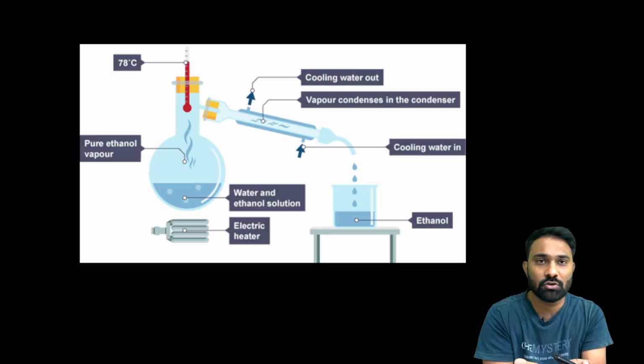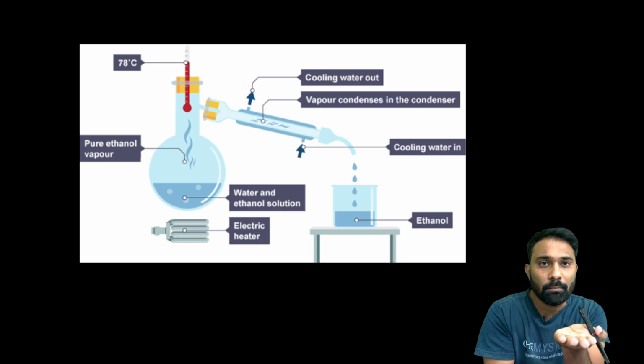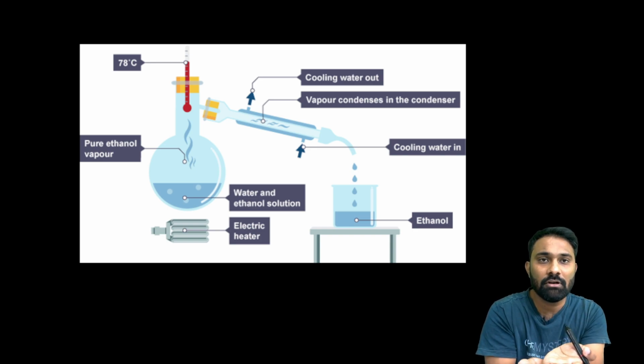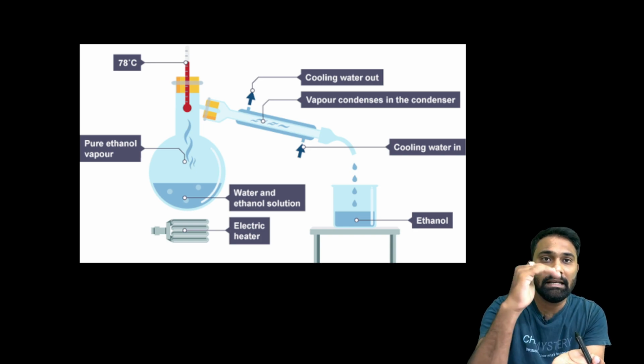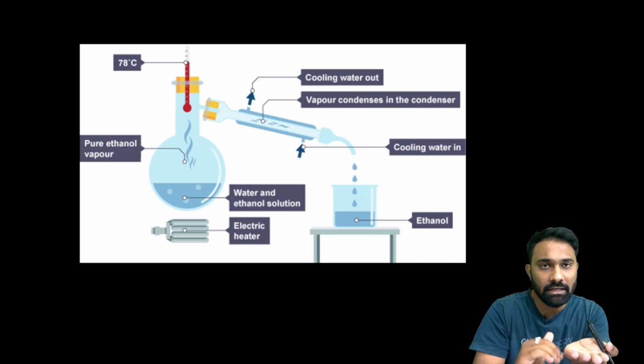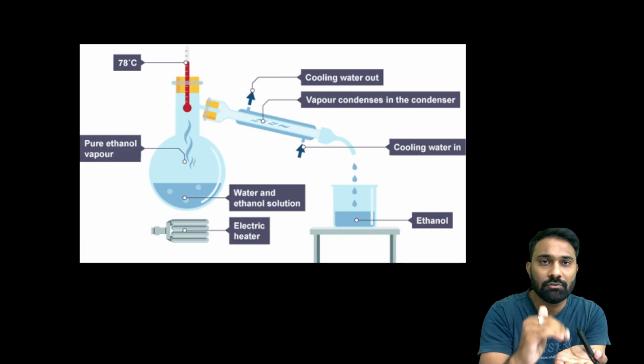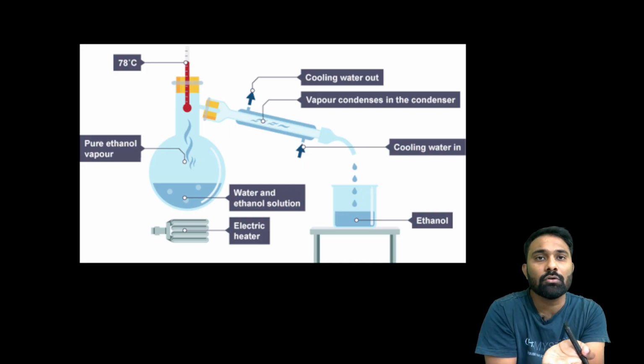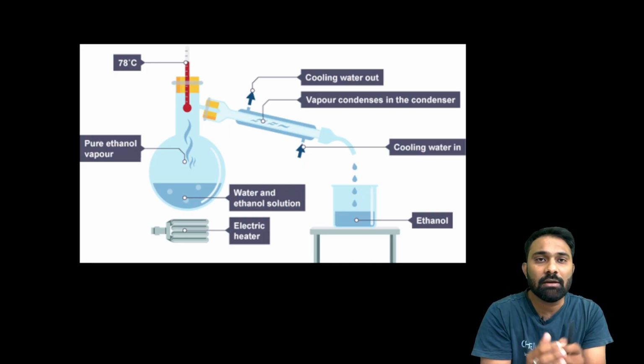It will form one solution, right? One mixture. If you heat that mixture, what will happen? Instead of heating above 100, instead of heating between 78 to 100, it is converting into vapors below the temperature of 78. That type of mixture we call an azeotropic mixture.